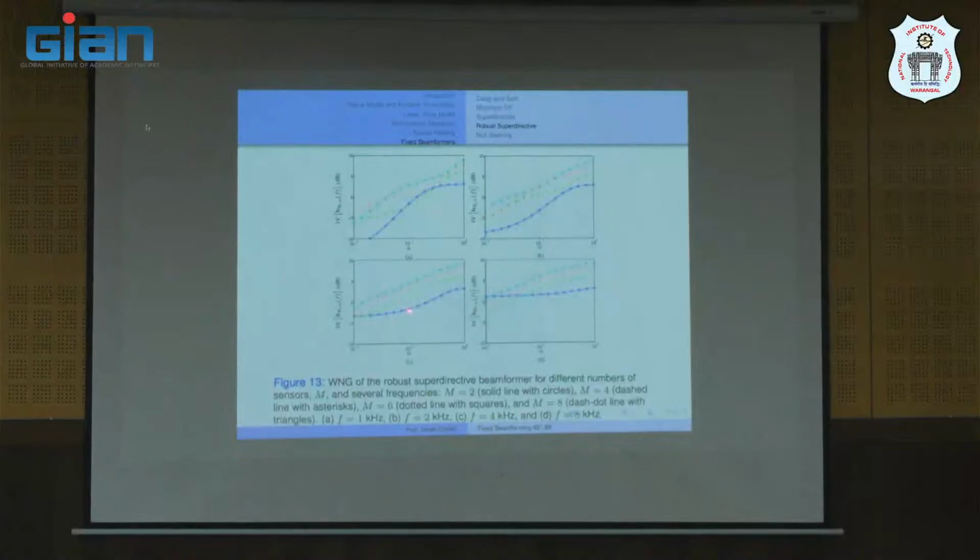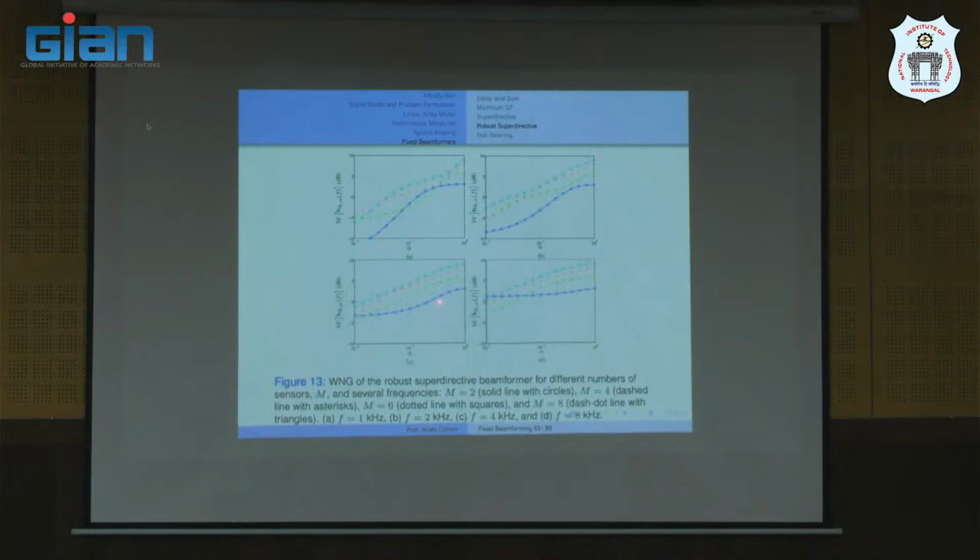Suppose that I want to choose alpha such that the white noise gain will be larger than 0 dB. 0 dB here. So I will choose this alpha. What is here? This value. I will choose it for 4 kilohertz. If I want it to be also larger than 0 dB for 1 kilohertz, then alpha for 1 kilohertz will be this value.